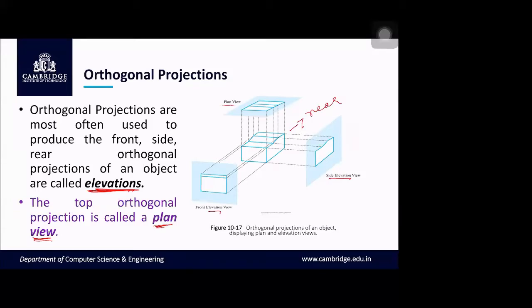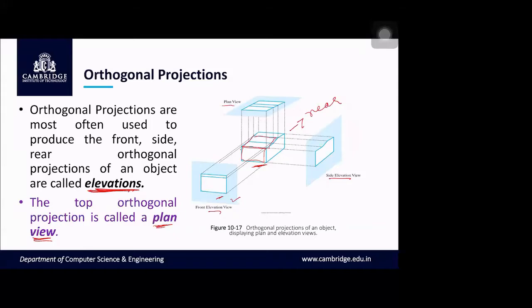Orthogonal projection is only meant for checking any kind of model design, where the size of the model never changes even though you move across. In the front elevation, the size of the object drawn is the same as the front view shown here.